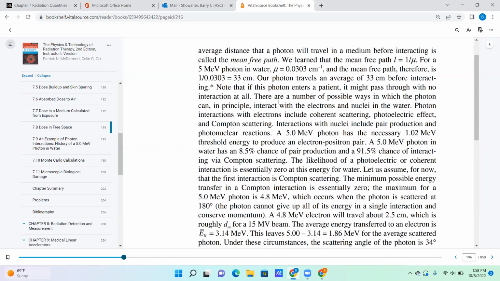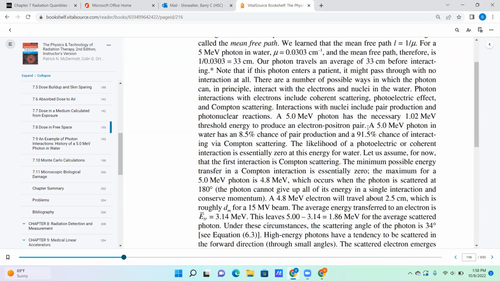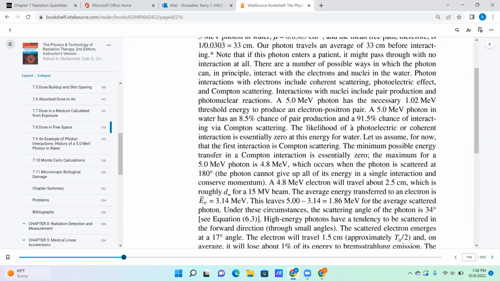There are a number of possible ways in which the photon can, in principle, interact with the electrons and nuclei in the water. Photon interactions with electrons include coherent scattering, photoelectric effect, and Compton scattering. Interactions with nuclei include pair production and photonuclear reactions.